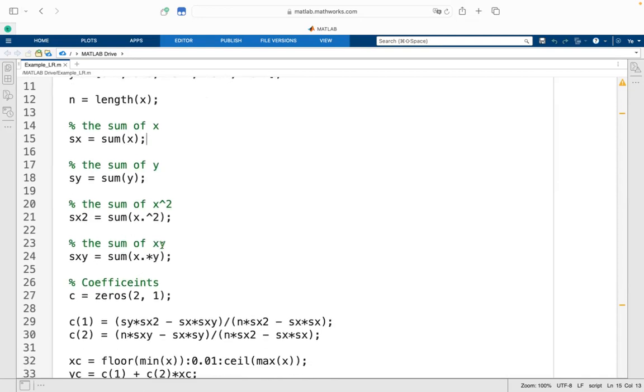Then the sum of the xy, so Sxy equals the sum of x dot star y, so this is element-wise multiplication, x dot star y. Okay.